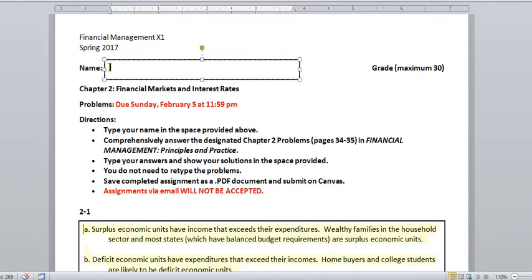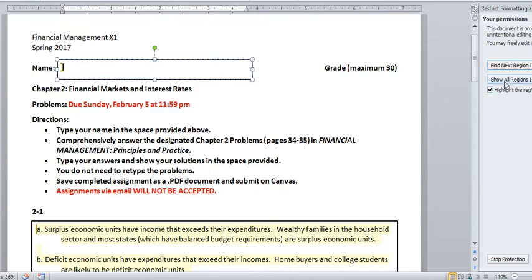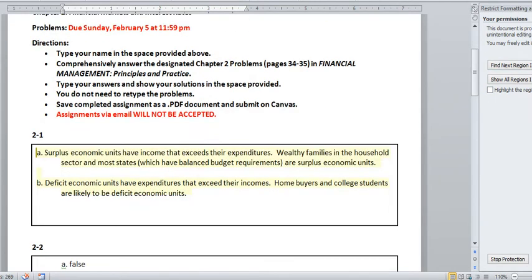You can't see it on my video, but if you're in Word and you click on the developer tab at the top, and then click on restrict editing, you'll get this box over here, and you can just uncheck the box that says highlight the regions to edit. So you just unclick that right there, and your highlighting is gone.